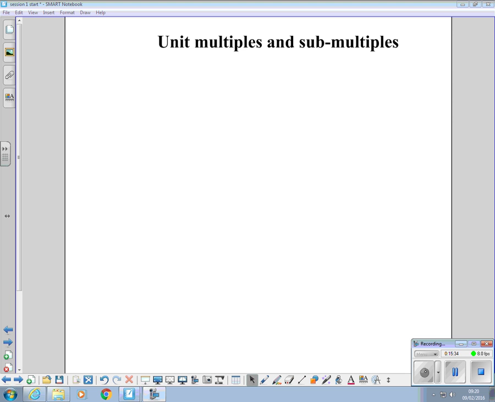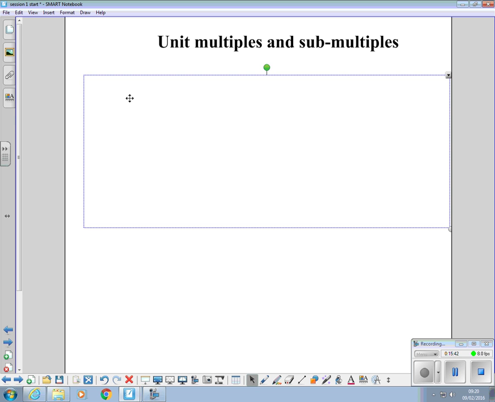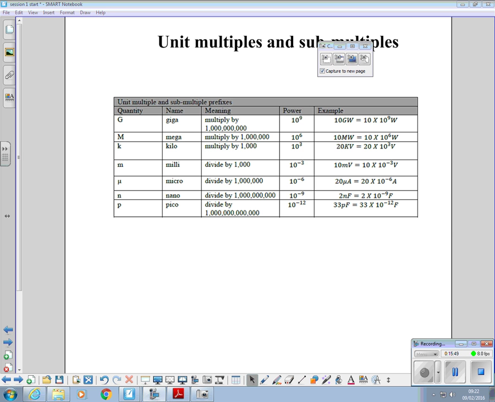The issue here is submultiples and multiples when you use them in formulae. Multiples and submultiples. Often we get very large quantities like kilovolts, megavolts, gigawatts.